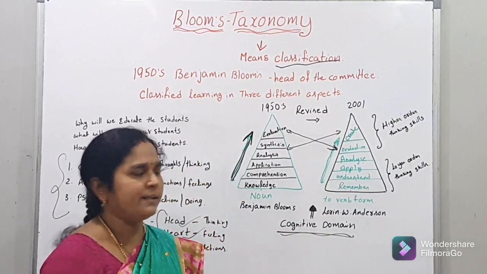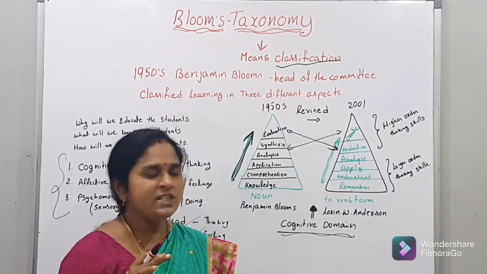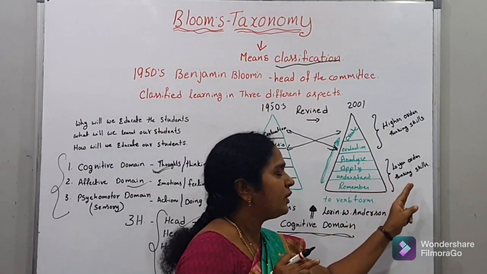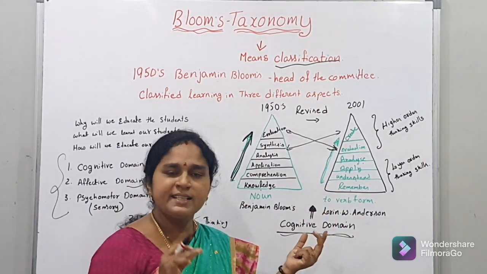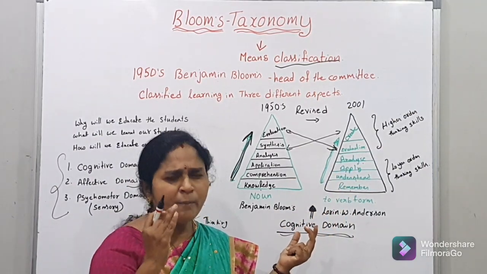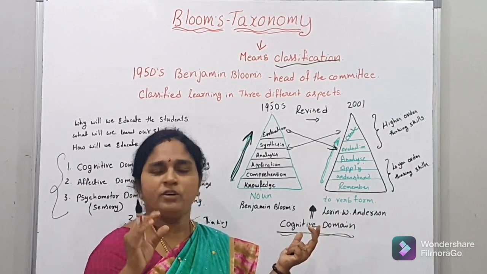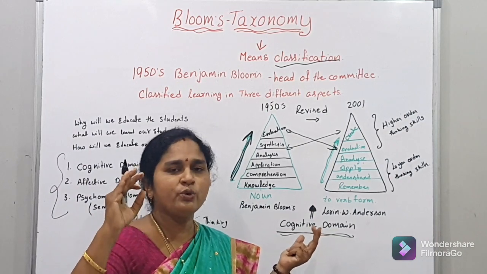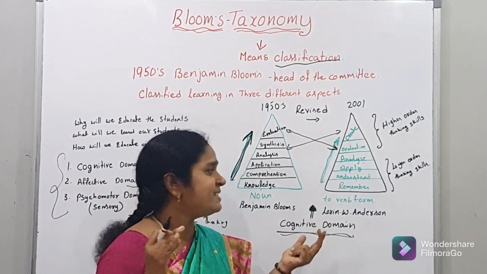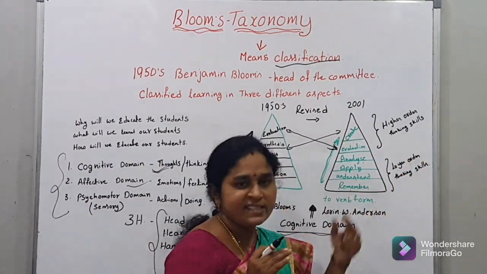You can remember this easily. The lower three are very easy things to do. Remembering, understanding and applying are easy for every student. That's why they are called lower order thinking skills.